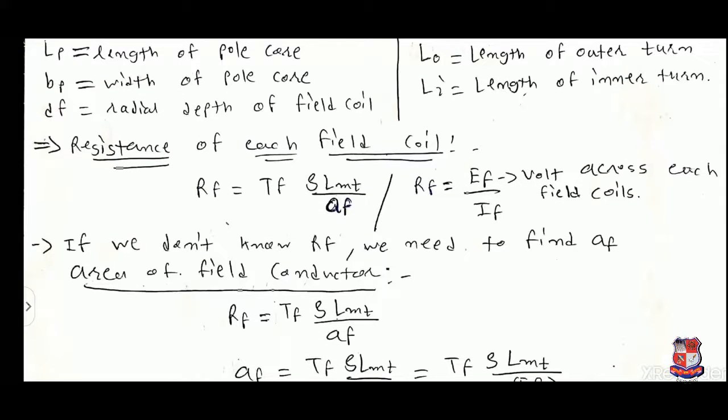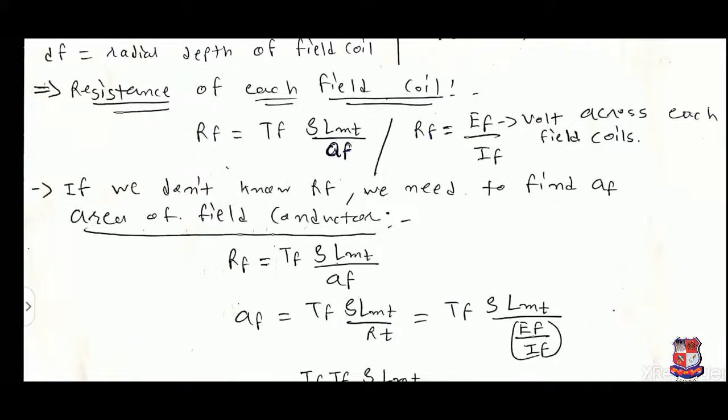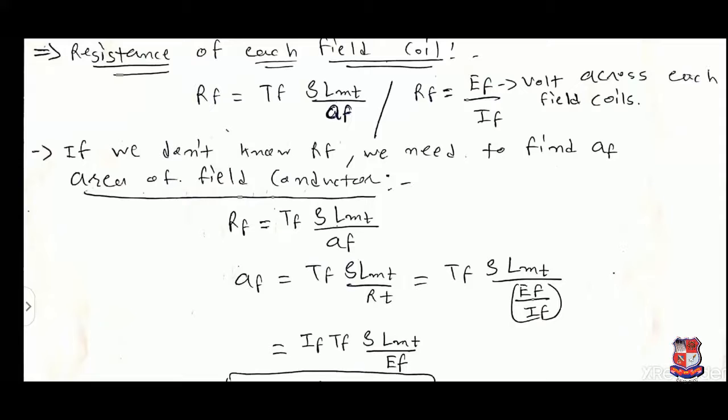Then what we can do is write down the same equation, RF is equal to TF rho LMT by AF. Now make AF the subject, put all other things as they are. Now put in the value from Ohm's law. So AF is equal to TF rho LMT by RF.